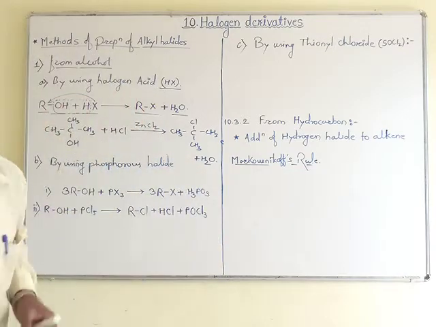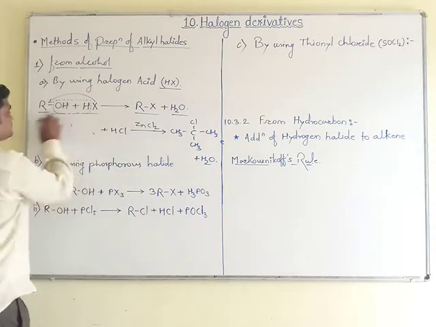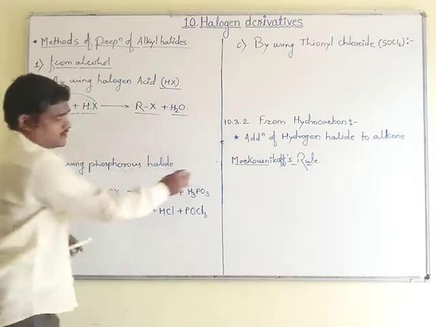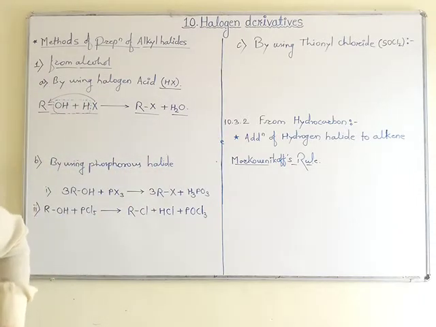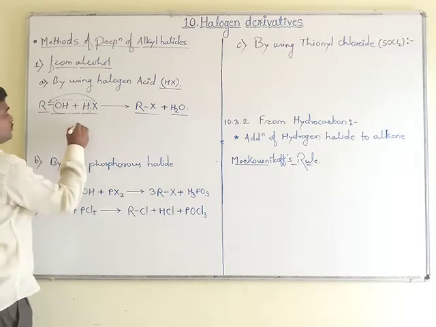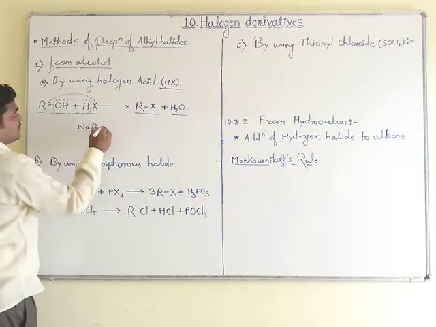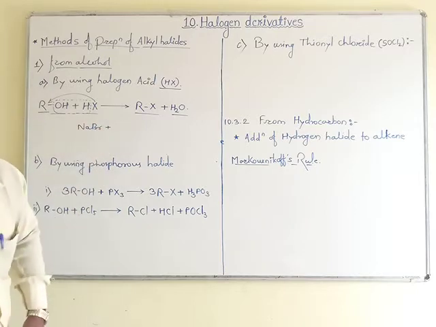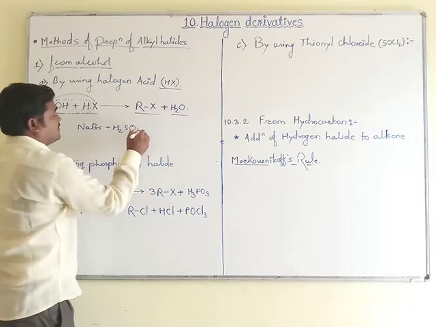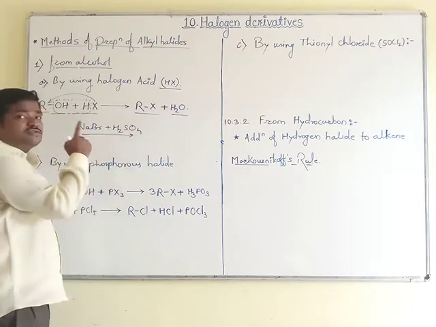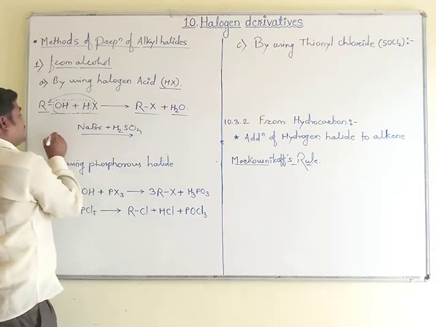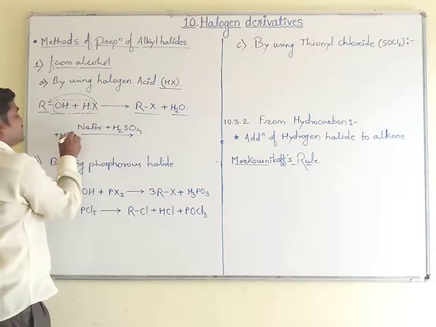That is, for HBr, the reagent we have to use on the arrow of that reaction is NaBr plus H2SO4. So this reagent should be on the arrow. Then we use the reagent HBr.